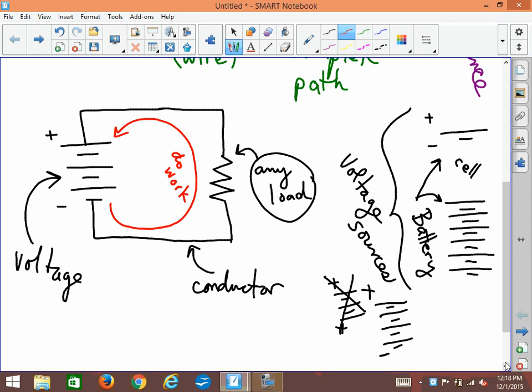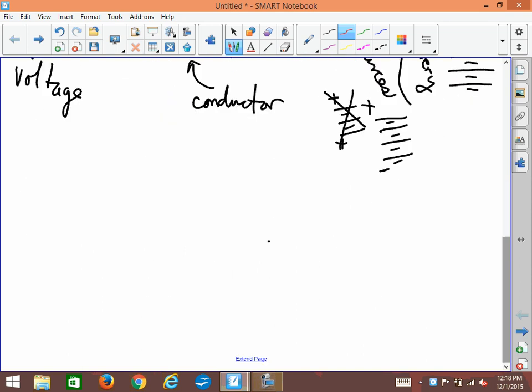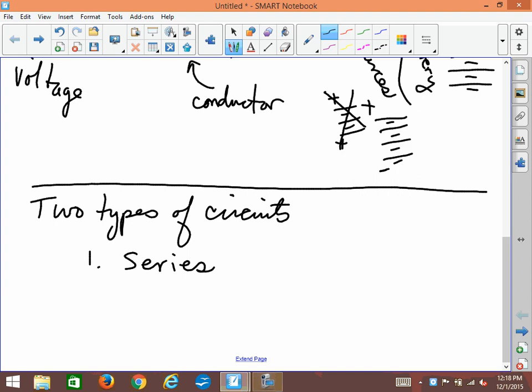Okay, now, you'll recall in grade 9 that there are two different types of circuits depending on how the electricity can flow. Two types of circuits. One is called a series circuit. Let's talk about what series means.